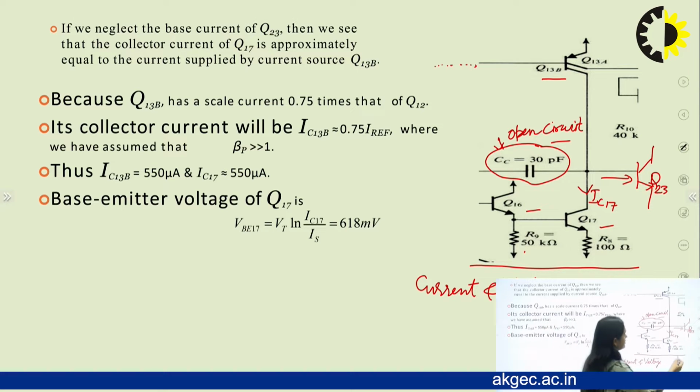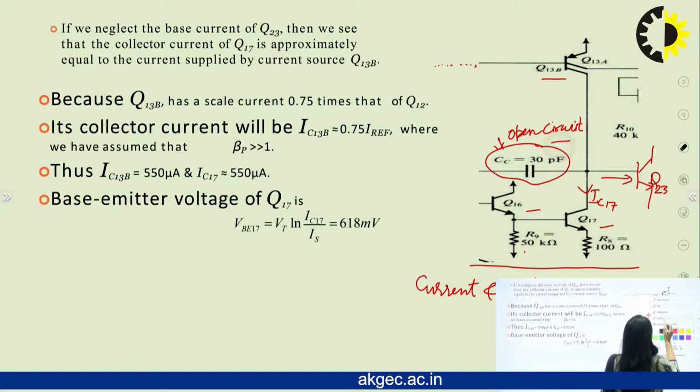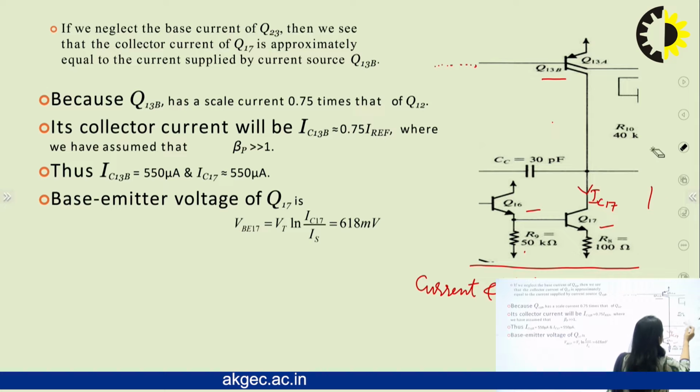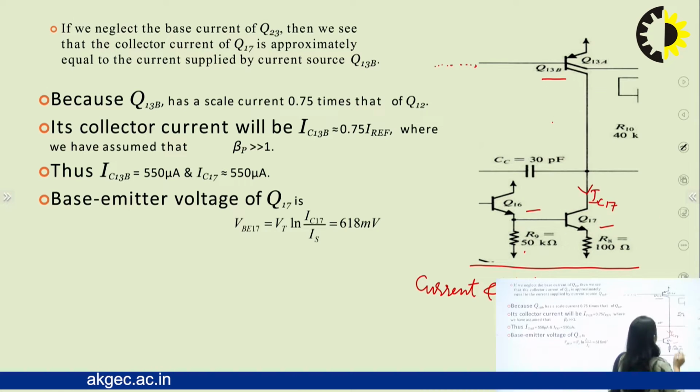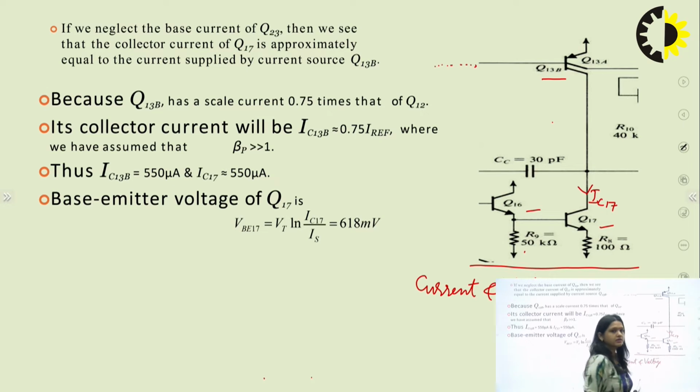Let me remove these things so that we can do the analysis. IC17 is the current going into the collector terminal of the Q17 transistor, and this is approximately equal to the current provided by Q13B, because we have neglected this current.